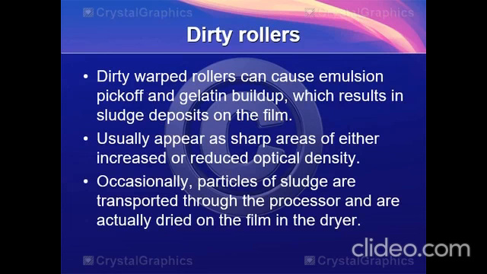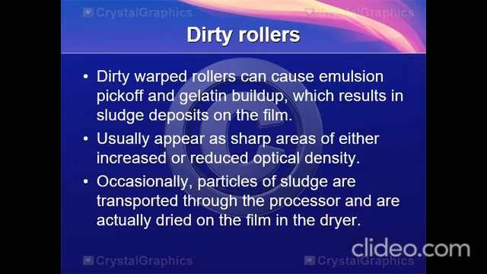Okay, so next are the dirty rollers. This is the first example of processing artifacts. Dirty, warped rollers can cause emulsion pick-off and gelatin buildup. This results in sludge deposits on the film. The dirty rollers can be found in automatic processing.